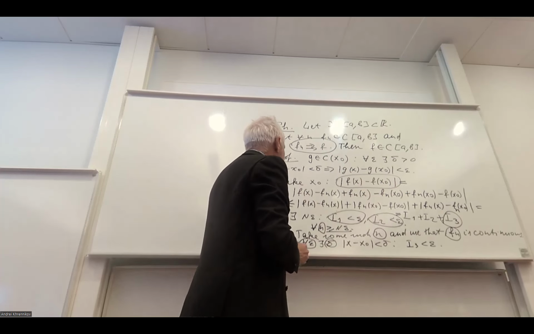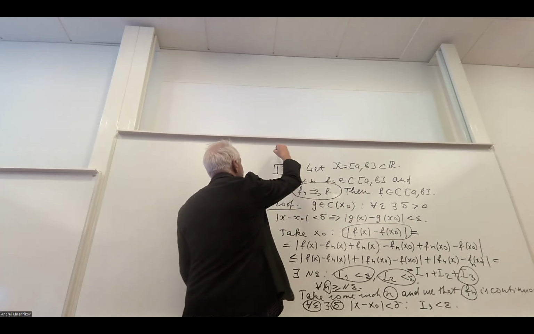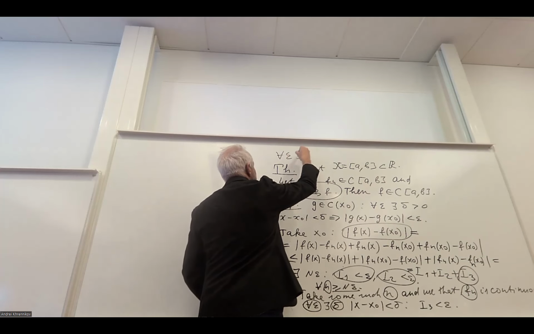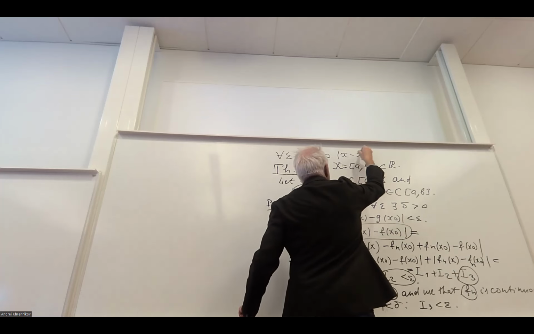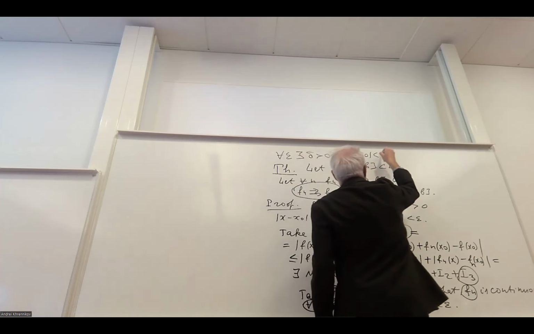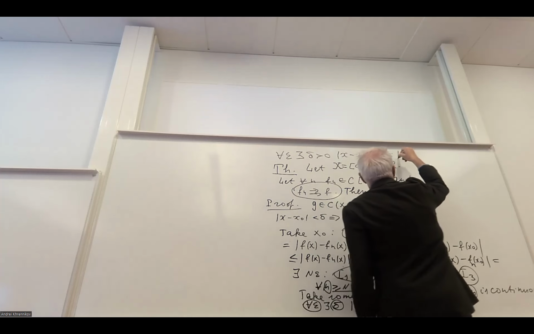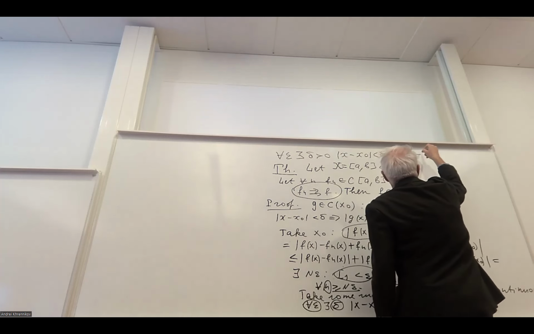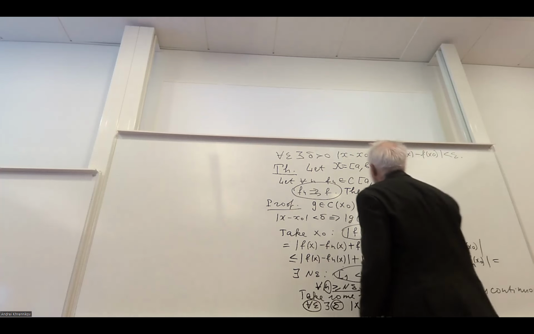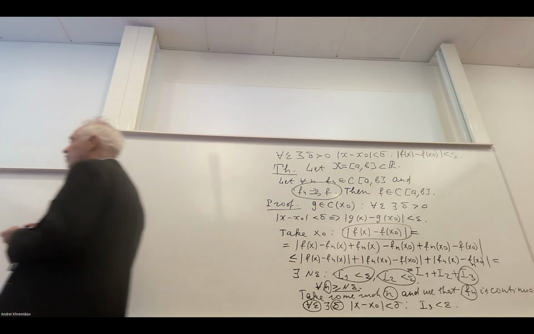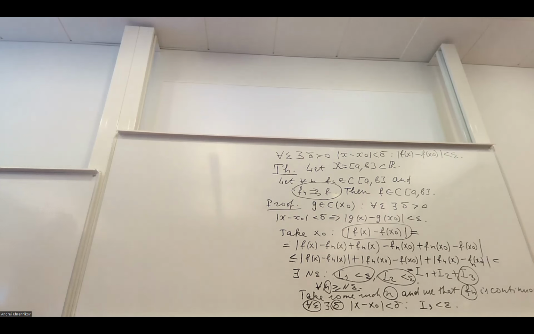So we proved that for any epsilon, there exists delta such that when x is so close to x0, we have |f(x) minus f(x0)| less than epsilon. So function f is continuous at the point x0.